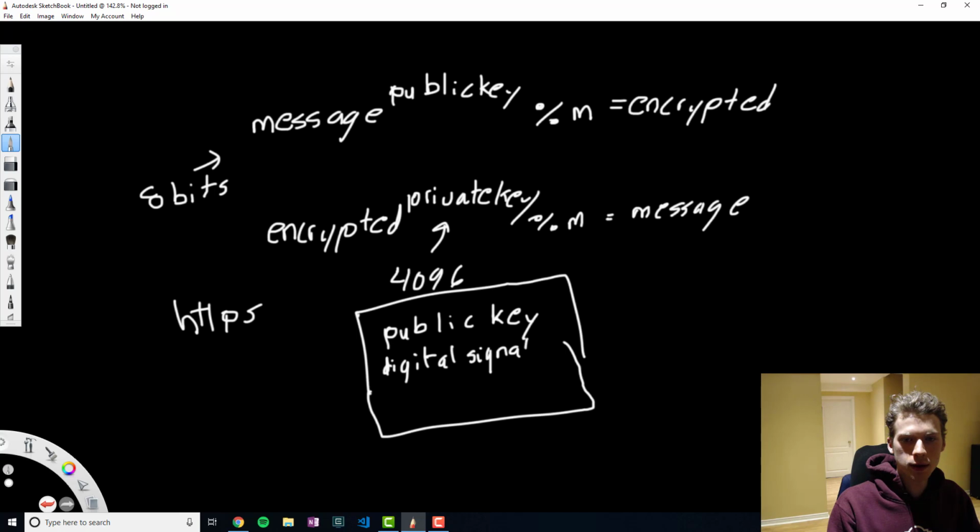And how a digital signature works is they will use their private key to encrypt the web page that you're on.